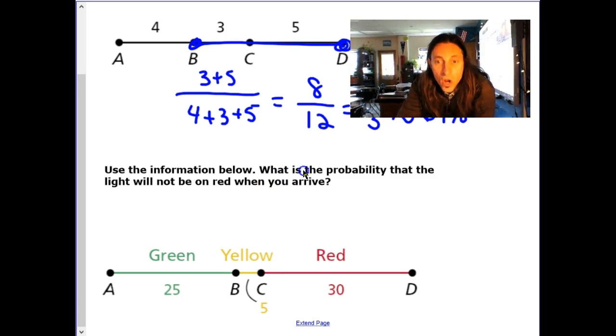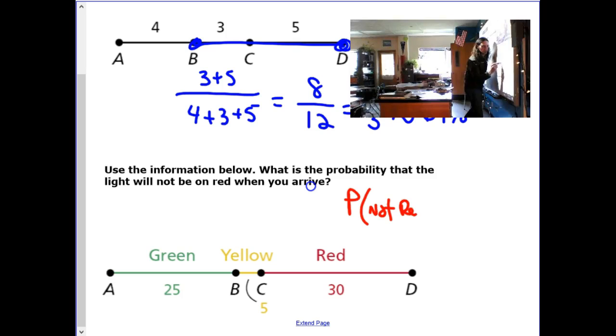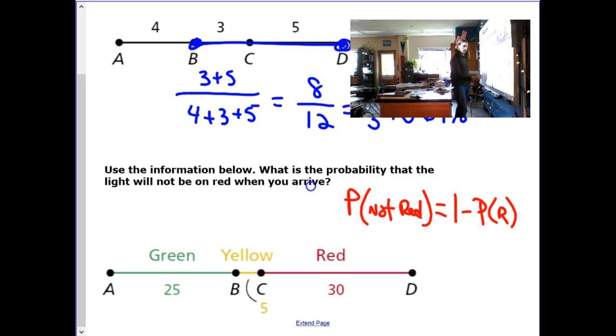So anyway, the question here, what is the probability that the light will not be red? Well, there's two ways to do it. Probability of not red means 1 minus the probability of red. Well, the probability of red is 30 out of, let's see, 25, 5, and 30 is 60.